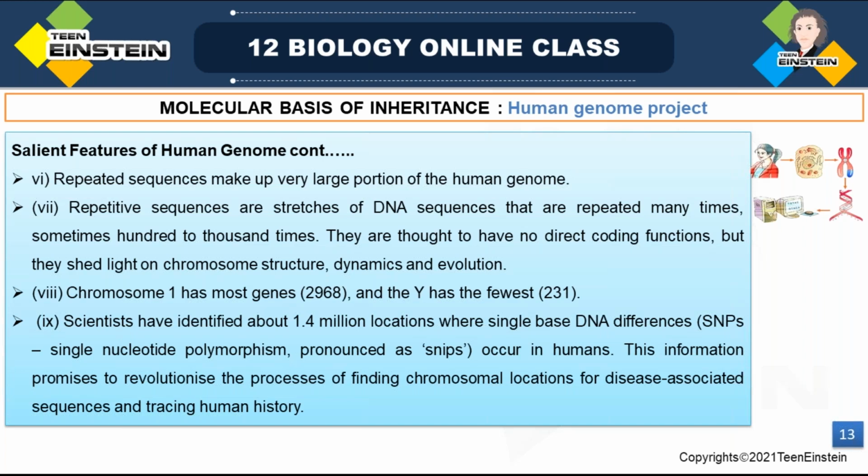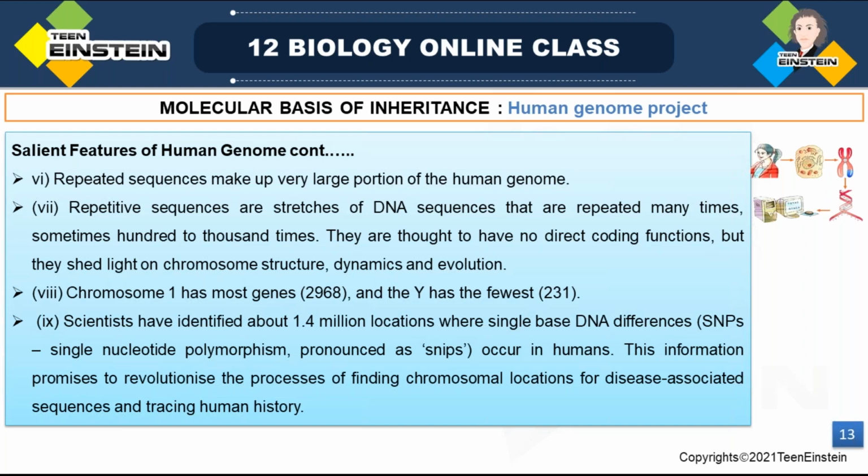In the human genome, scientists have identified about 1.4 million locations of SNPs. What is meant by SNP? Single nucleotide polymorphism.